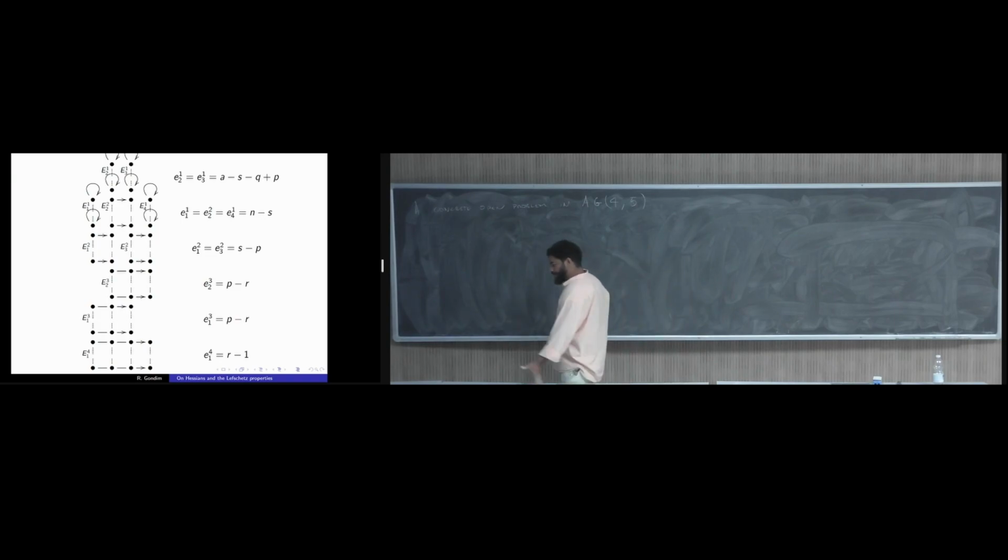Again, by Gordon-Noether, in this case, the first Hessian is non-vanishing. So the only possible vanishing Hessian is the second Hessian.